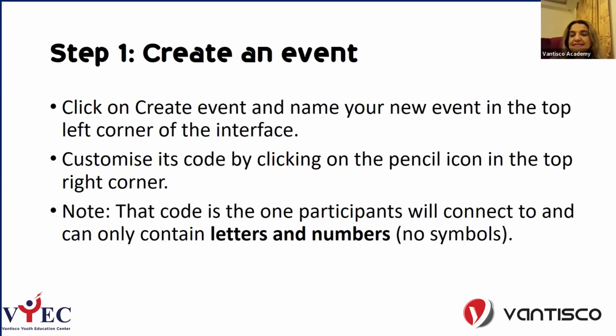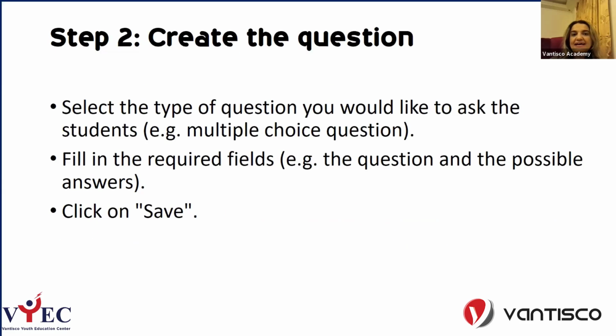Creating an event is very simple. You start with the title, which is in the left corner, and then you have to add the code, you customize it simply, and make sure that it contains letters and numbers and not symbols.